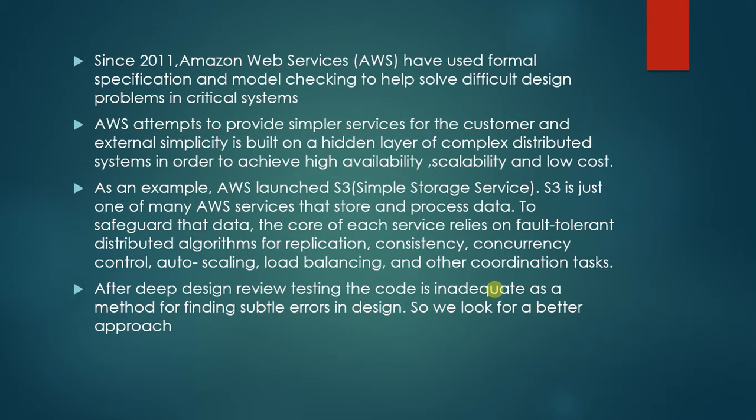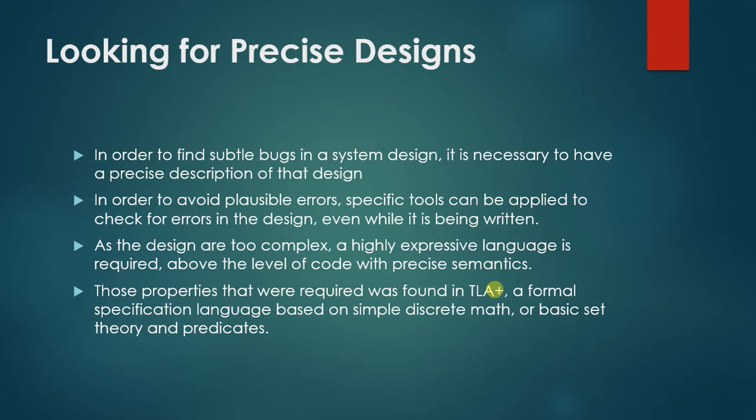After deep design review, testing the code is inadequate as a method for finding subtle errors in design, so we look for a better approach. Looking for precise design. In order to find subtle bugs in the system design, it is necessary to have a precise description of that design.